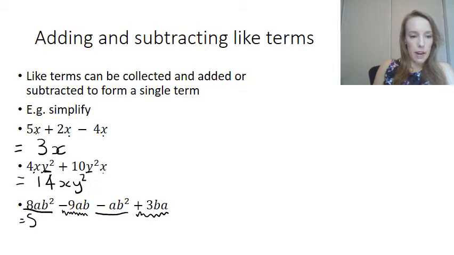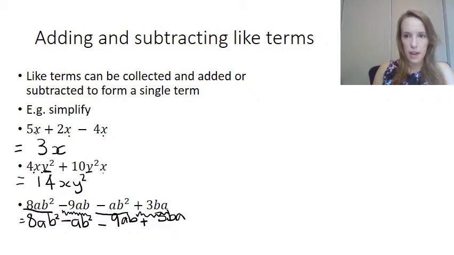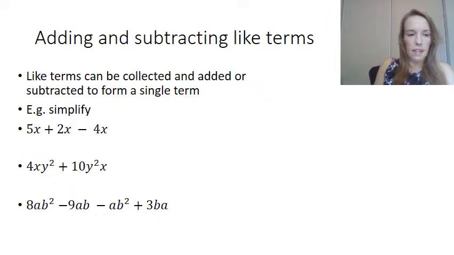So I'm going to have 8ab squared, take ab squared, take 9ab plus 3ba. Actually, that's a little bit unclear. I can rewrite it out again, writing my like terms together so that it's a bit more clear.